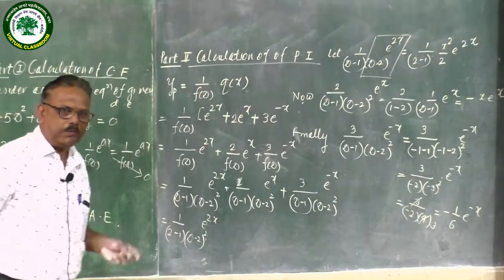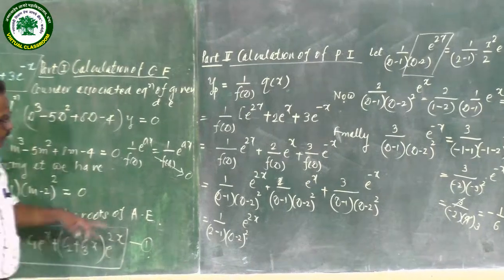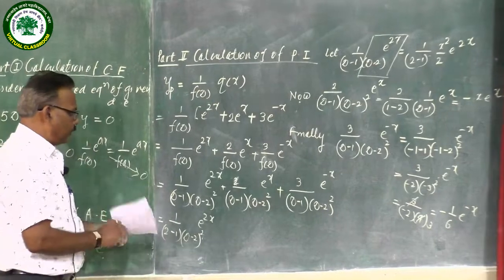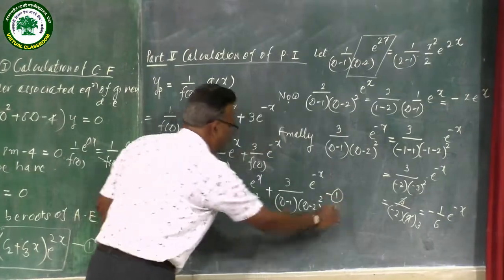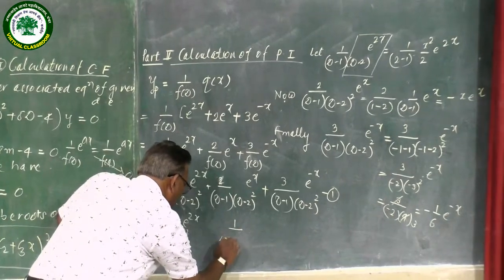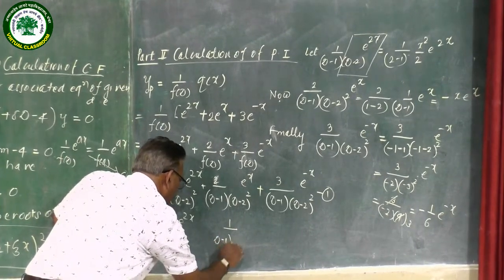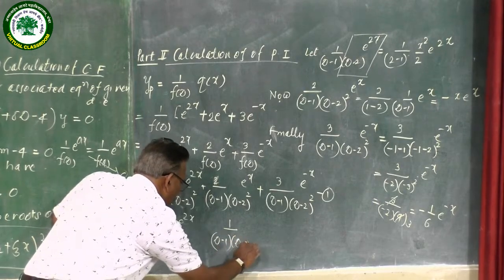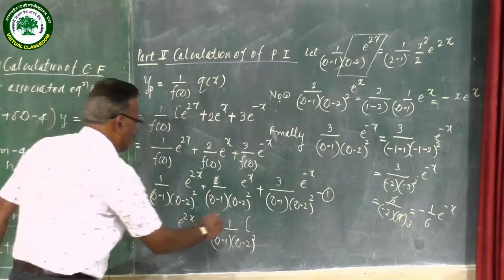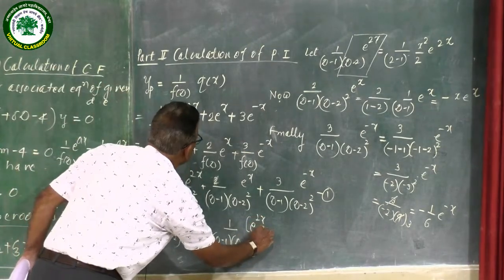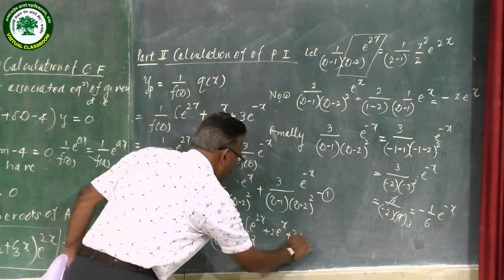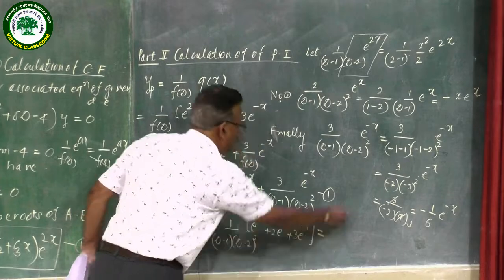For the three different parts, 3 solutions are there. Therefore, equation 1 becomes 1 over (D minus 1)(D minus 2) square into bracket, writing all these terms, e raised to 2x plus 2 into e raised to x plus 3 into e raised to minus x, which is equal to the sum of all these things.